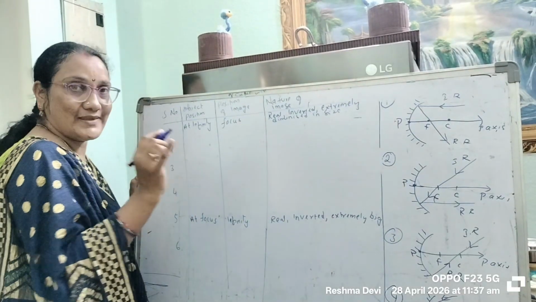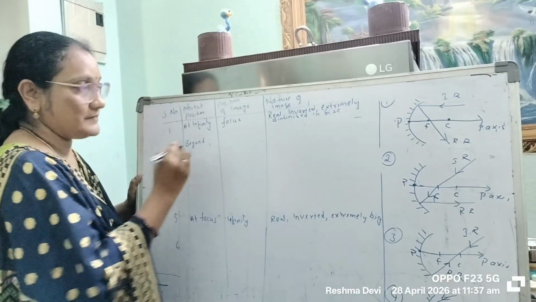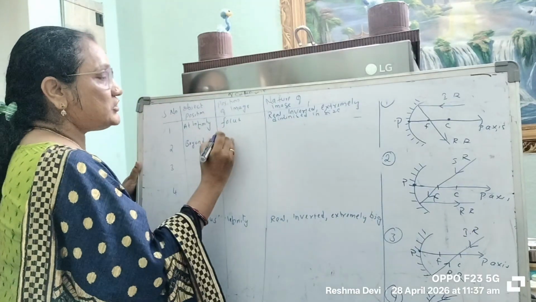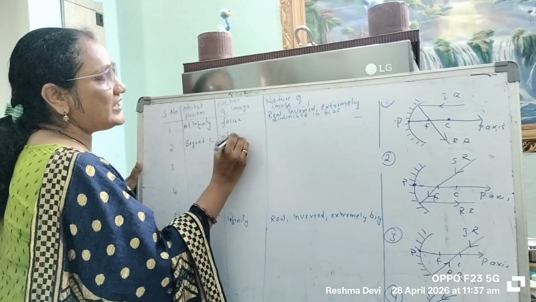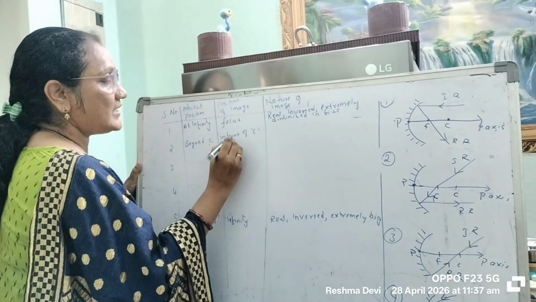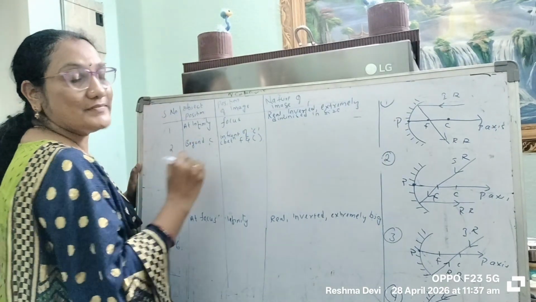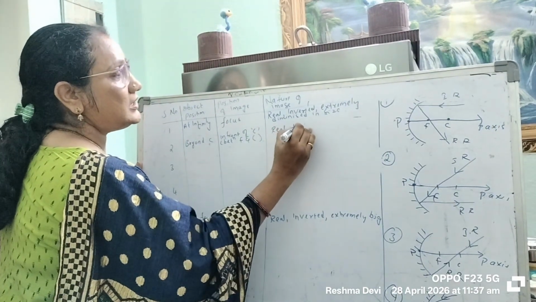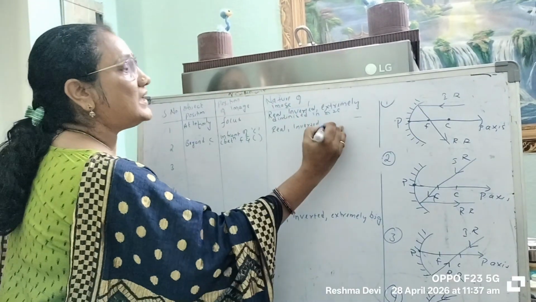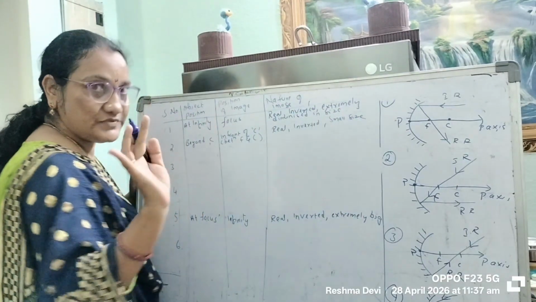Now next. Next what we said? Beyond C. Okay. So beyond C means the position of image in front of C. For easy remembering, I am using this in front of C. Or we will say between F and C or C and F. And image, real, inverted, not nearer to the point size, little bit bigger, but smaller than object size.